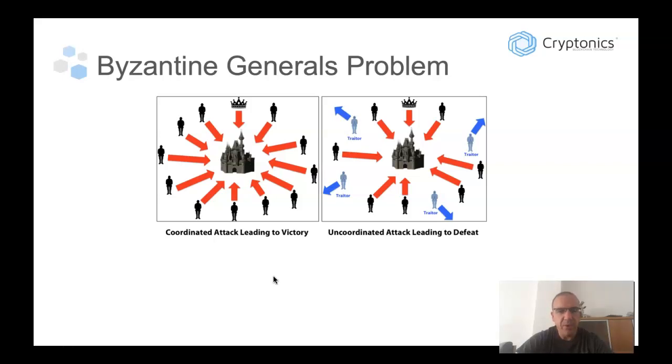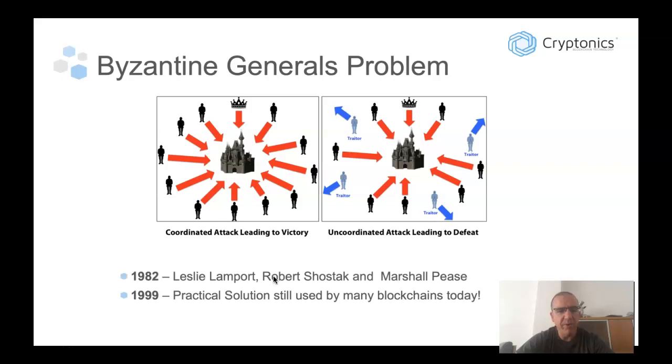I just sort of included this here because this problem was already described and solved theoretically in 1982 in a paper written by Leslie Lamport and his co-authors. And it was sort of practically solved in 1999 with an implementation of an algorithm for voting that is still used right now, up to this day in a lot of consortium blockchains.